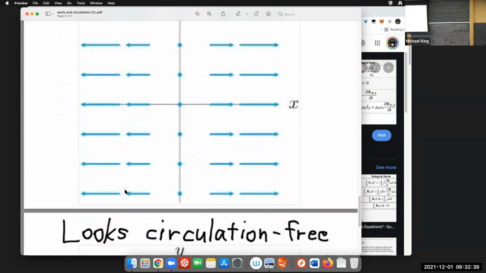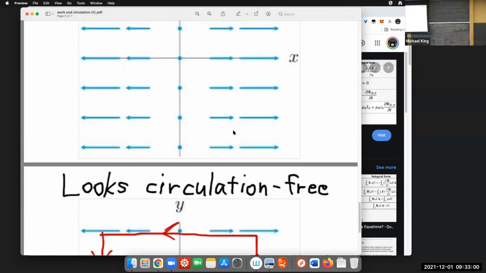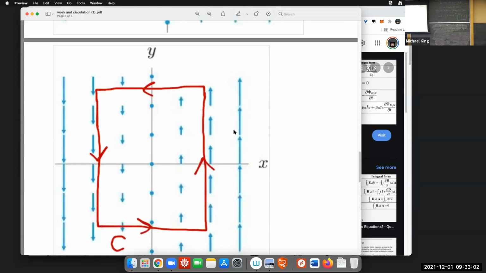If you look at these paths down here, if you have a closed loop, for every piece going one direction there should be another piece going the opposite direction. And here, if you turn your head 90 degrees to the right, it's a little different from this picture, because they're all going up here, and they're all going down here.